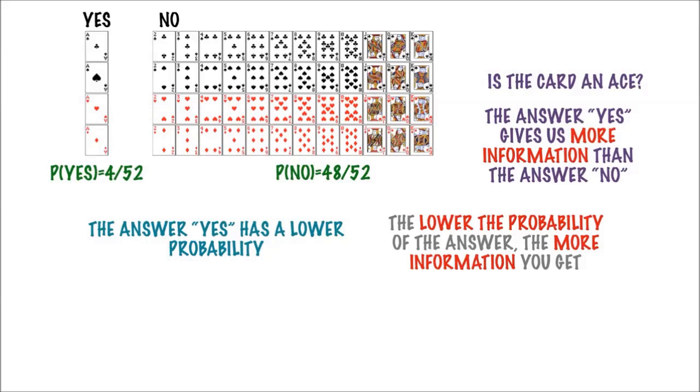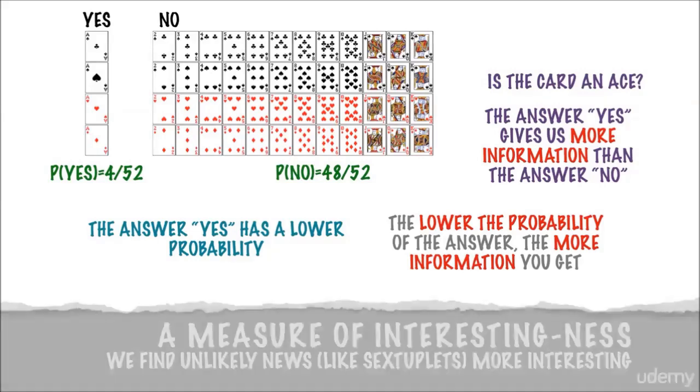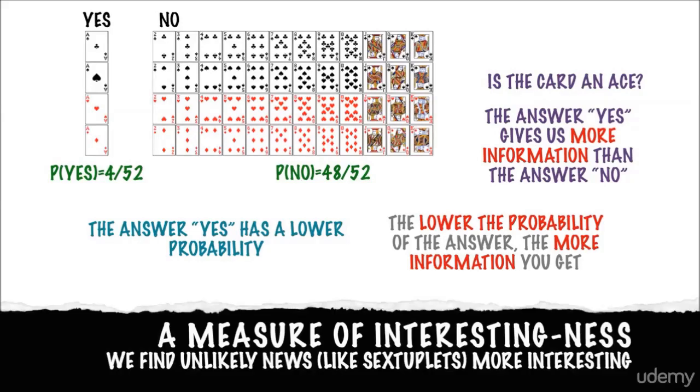In general, this is true. Whenever something is hard to guess, whenever it is less likely to occur, the more information you get when it occurs. In this way, information can also be thought of as how interesting something is. Think of what kind of news are more interesting to us.